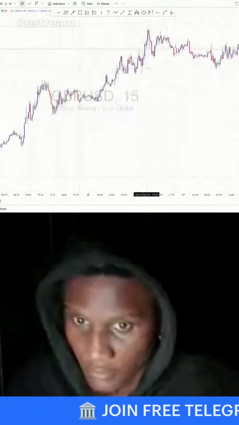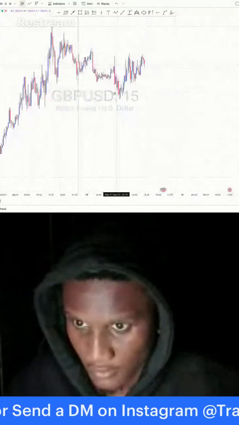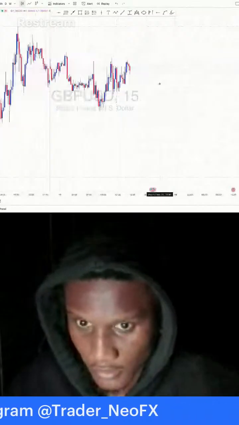So this is GBPUSD on the 15-minute time frame. Better, so you guys can see.